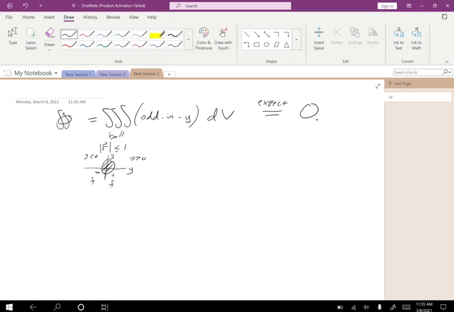Okay? So how do we show this using math? Here's one way to do it. You write it as an x, y, z triple integral. You put y on the inside, so dy.